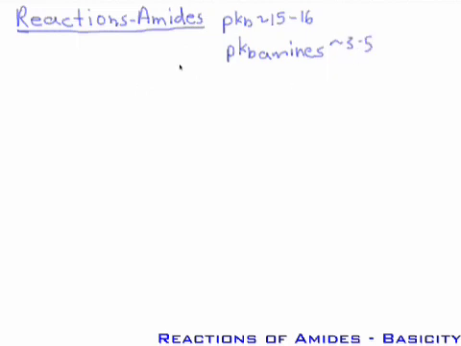We realized this, and it was explained to us when we took amino acids, that this is due to the fact that the lone pair is less available to protonation because it's tied up in resonance with the carbonyl.